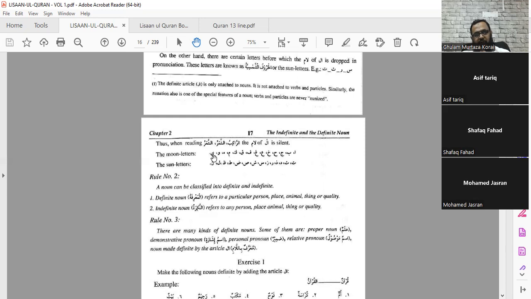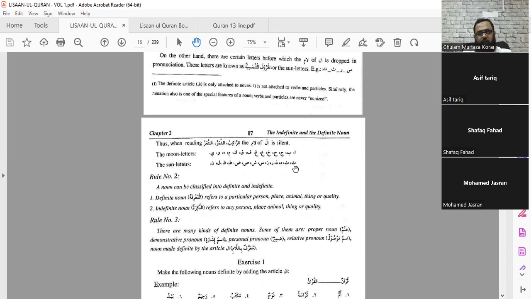So lam is not silent. Likewise, whatever the word that starts with al-huruf al-qamariyatu, if alif lam is placed before them, lam would not be silent. Unlike any word that starts with al-huruf ash-shamsiyatu, like what are those?